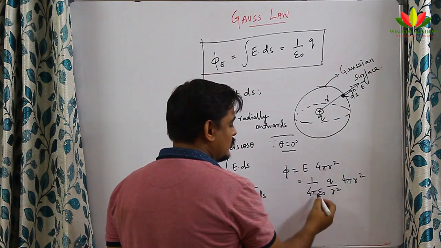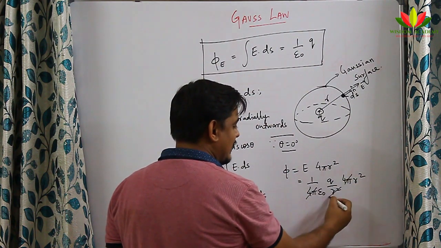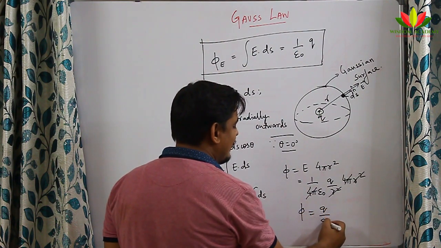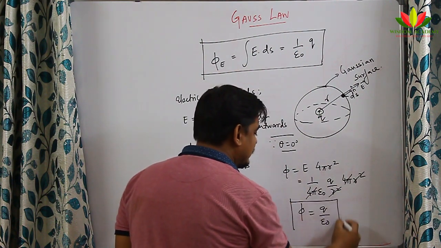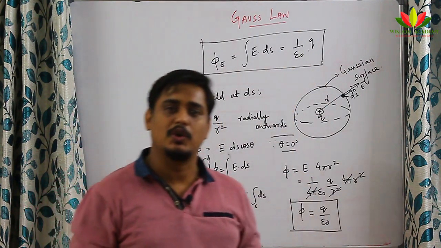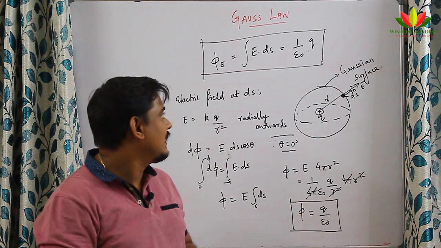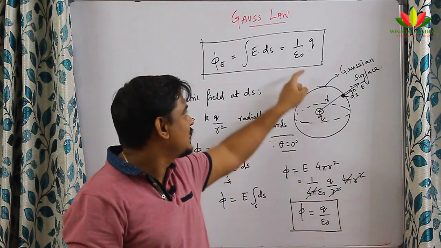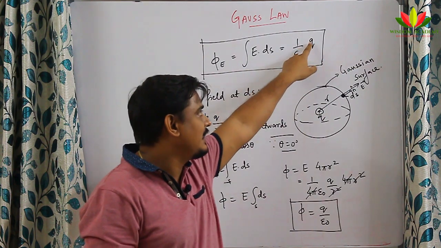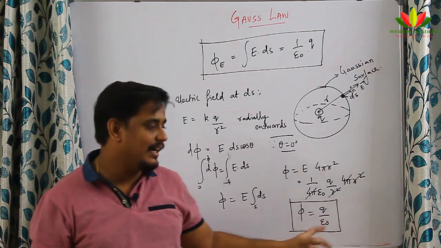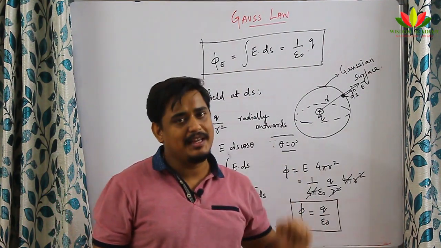So, 4 pi gets cancelled, r square gets cancelled. I get total phi is equal to q by epsilon naught. This is the exact definition that was given by Gauss: the total flux passing through any enclosed surface is 1 by epsilon naught times the net charge enclosed, and by this positive charge we have proved that phi is equal to q by epsilon naught.